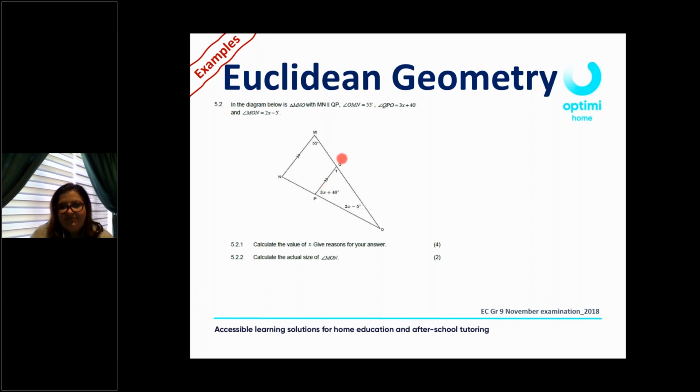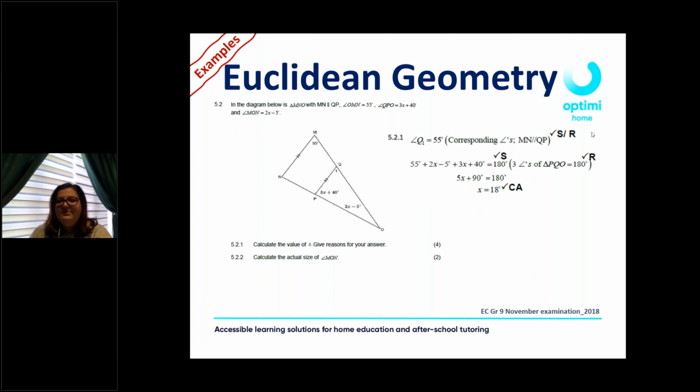So I could say that Q1 is 55 degrees. Now I have all of the angles of this triangle over here, and I know that the sum of the interior angles is 180 degrees. So I can add all of these angles together, equate them to 180 degrees, and then solve for x.